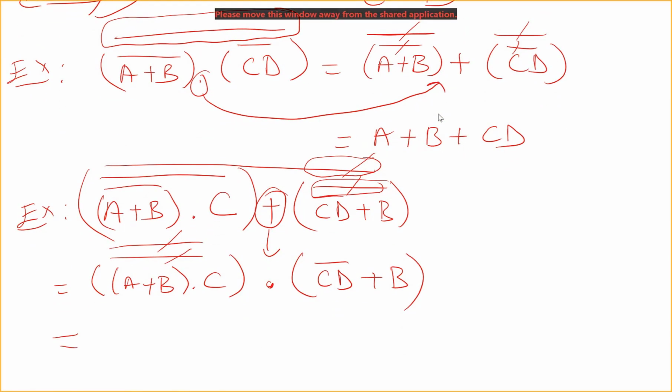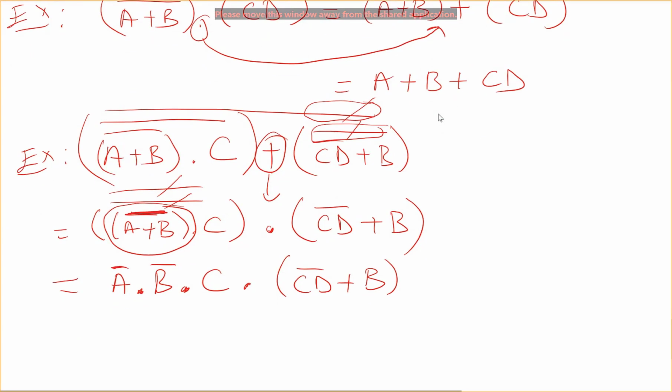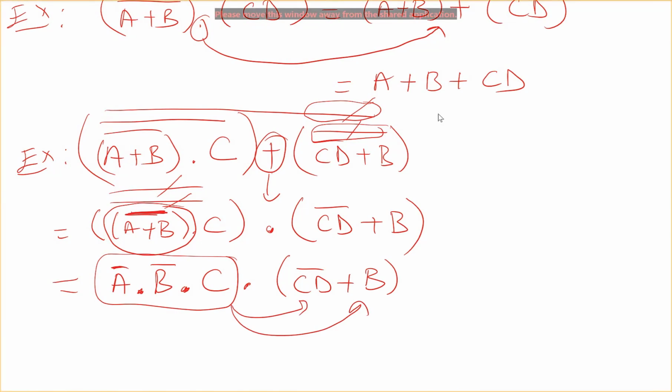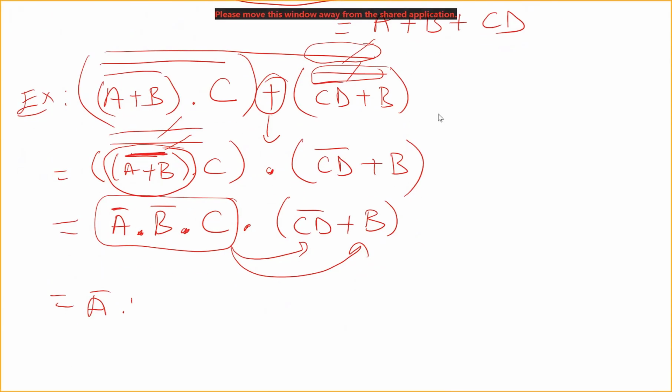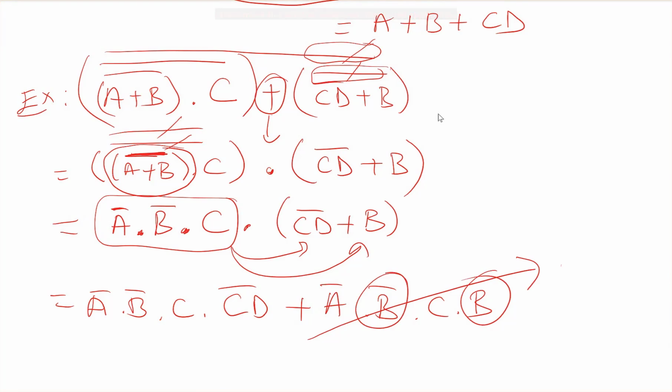Now, here we still have a NOT operator, don't forget it. Let's take care of this. I will have A naught and B naught and C and (CD naught or B). Now if I multiply this with these, I will have A naught, B naught, C and CD naught, or A naught, B naught, C and B. As you see, I have B naught and B here, so this goes to 0.